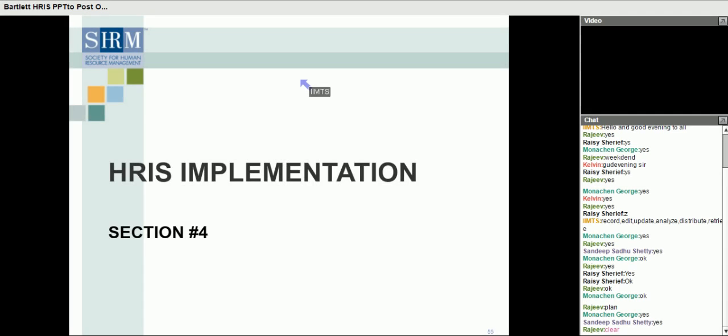Then application of HRIS: the strategic management, the workforce planning and employment, and the human resource development. These are all the things which need to be covered in that particular HRIS application.